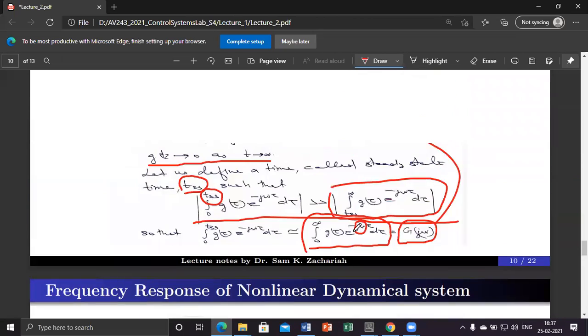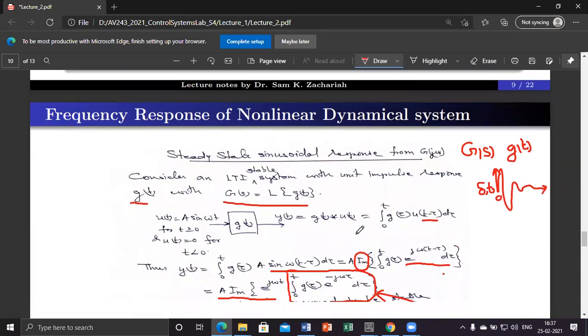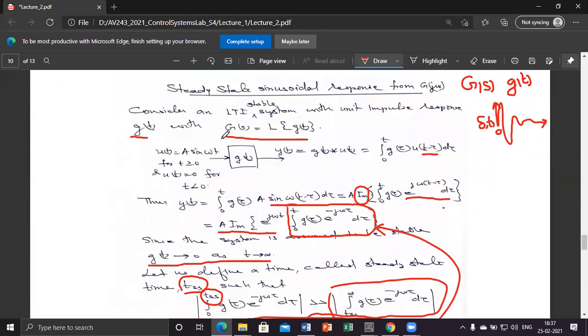First, I explained with respect to the practical system. If there is a system and we excite it with a sinusoidal command, what will happen? If it is a stable system, all the transients will settle. If you give a sinusoidal command, initially the output will have a transient part as well as the forced part. But after some time, all the transients will settle and the output will be only due to the forcing component.